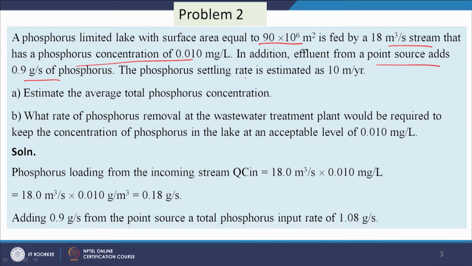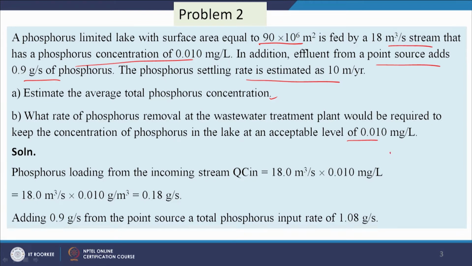The phosphorus settling rate is estimated as 10 meter per year. Question 1, part A: estimate the average total phosphorus concentration. Part B: what rate of phosphorus removal at the wastewater treatment plant would be required to keep the concentration of phosphorus in the lake at an acceptable level of 0.010 mg per liter. So, the problem is like this.